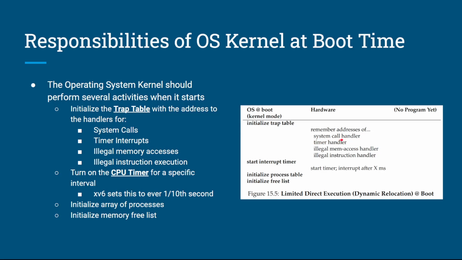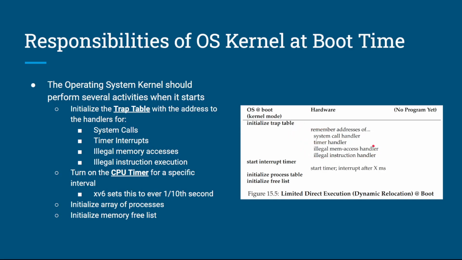System calls are handled through the trap table. So when I perform a system call, the actual CPU switches to whatever the function address for the system call handler is, and then allows the operating system to take care of that system call.